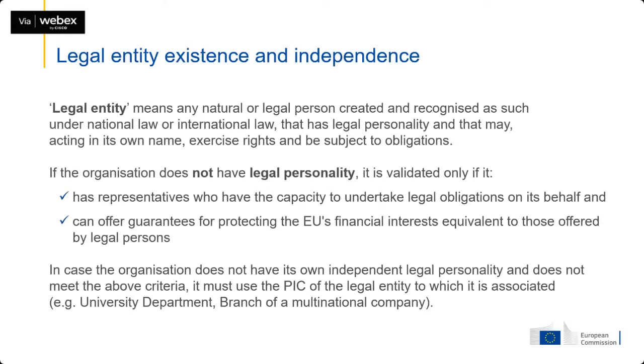This is the same, for example, if a multinational company has different branches that would like to participate. If the branch is not considered to have legal personality or does not meet the above mentioned criteria, then it needs to use the PIC number of the mother company.